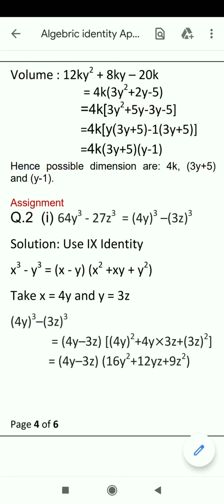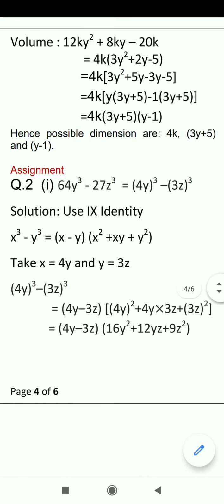Now see the assignment. Most of the students have done the assignment and you have shown me, but some made mistakes. So check your solutions with this, if still anything is wrong. First part, you have to factorize 64y cube minus 27z cube. 64y cube we can write as 4y whole cube, minus 27z cube we can write as 3z whole cube.